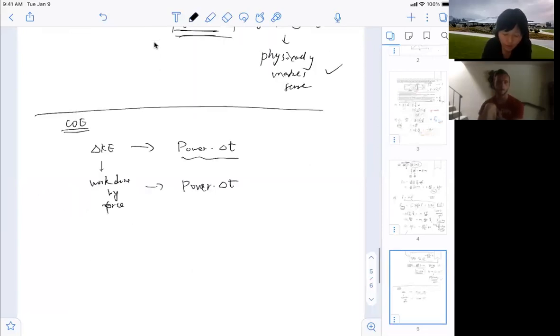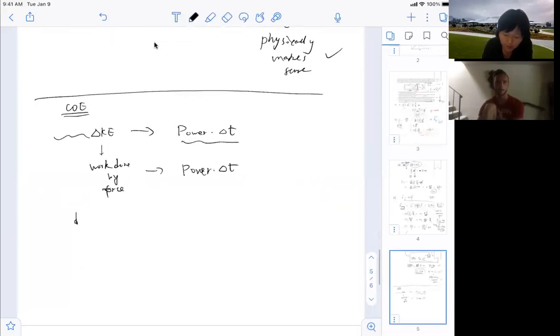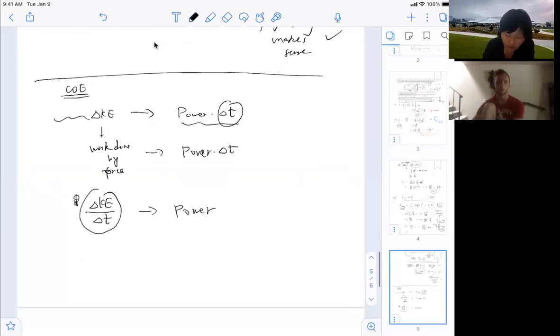Since I have my v here, I'm going to do the kinetic energy dissipation. You can see you have a t here. Instead of doing kinetic energy goes to power, the change of kinetic energy should equal power. So my change in kinetic energy is d dt of 1/2 m v squared.